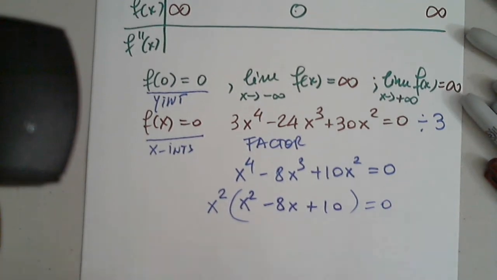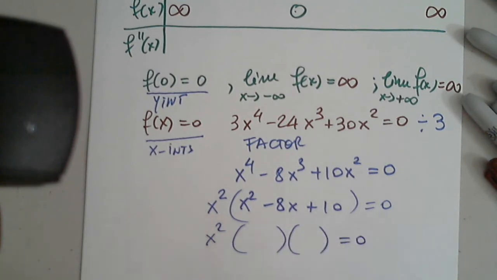Anyone else who hasn't spoken yet, give us the factored form, please. Wouldn't it be x minus 6? You are correct. It's not 6 and 2.